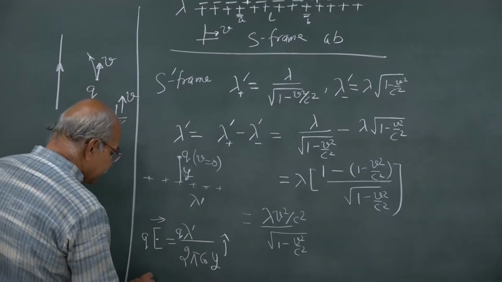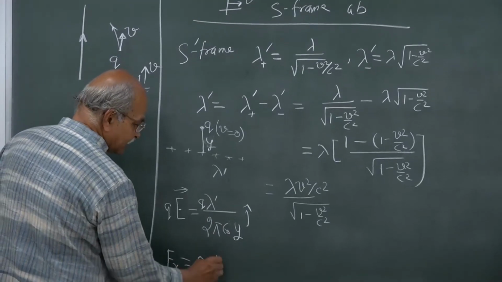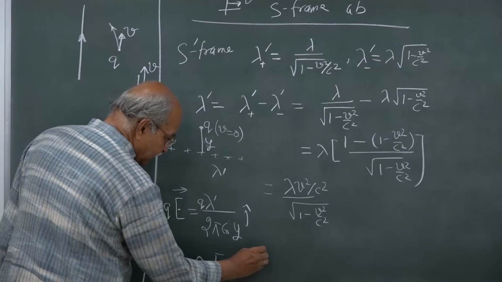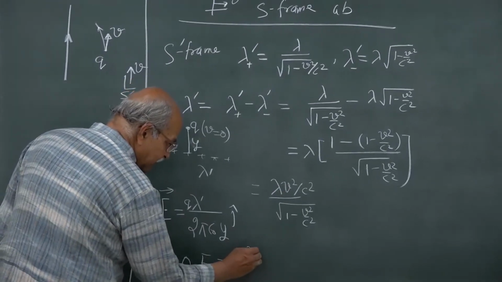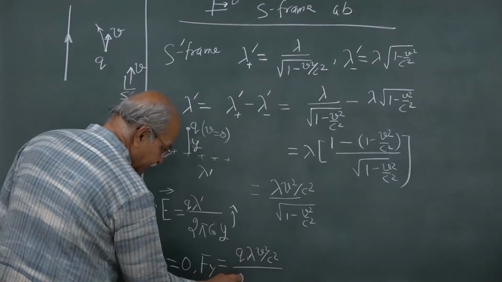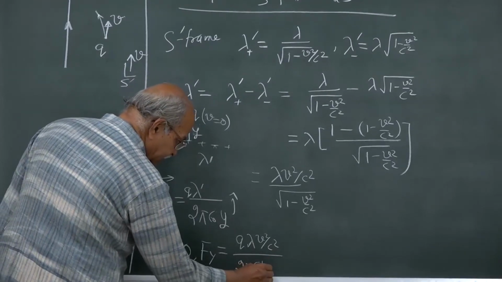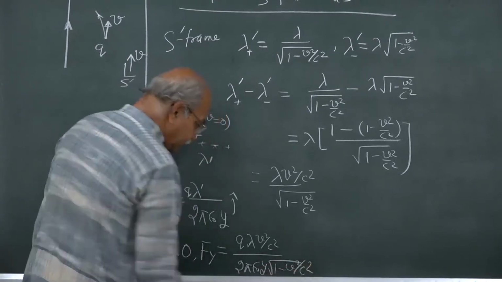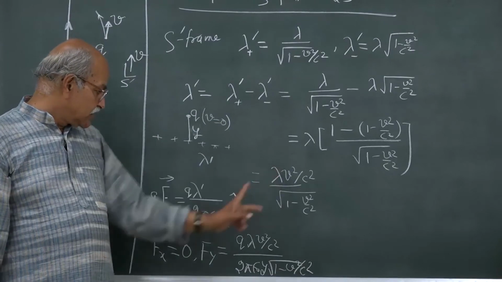So, what is Fx? Fx is 0. What is Fy? Fy is q into lambda prime, which is lambda into v square by c square, and then divided by 2 pi epsilon naught y, and then square root 1 minus v square by c square. Check, lambda prime I am writing this quantity.